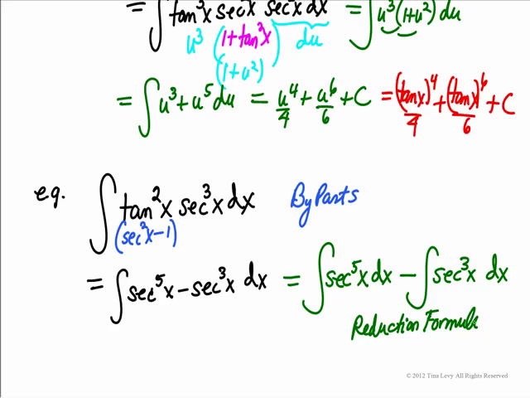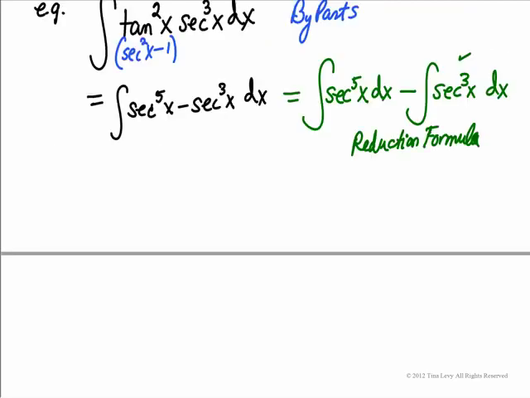Let's just do the secant cubed x, how you would do this if you didn't see it before and you didn't know the reduction formula. I'm going to go to the next page. I'm going to first do the integral of secant cubed x dx, and we are going to do this as integration by parts.